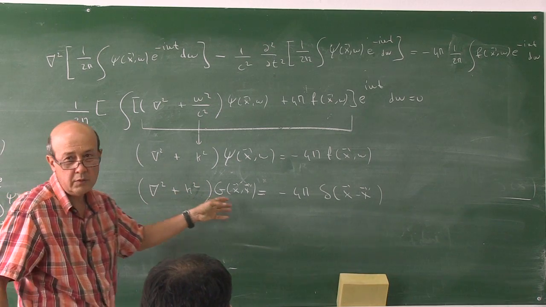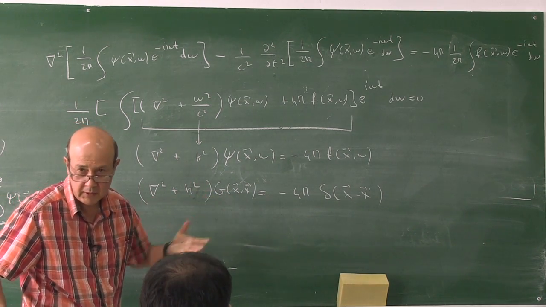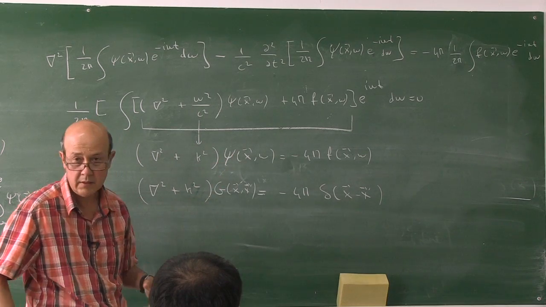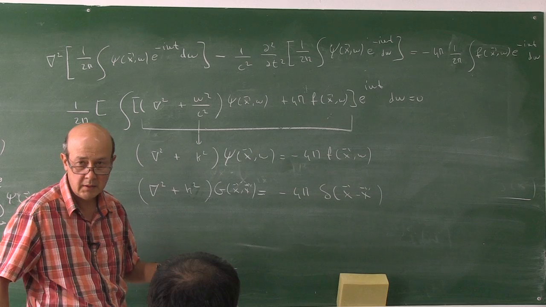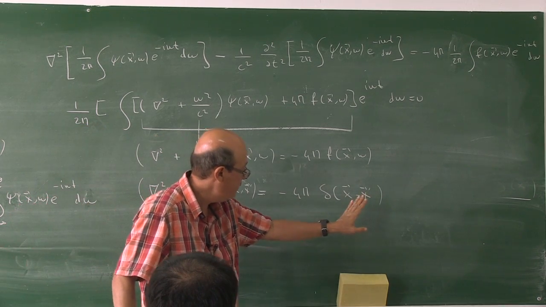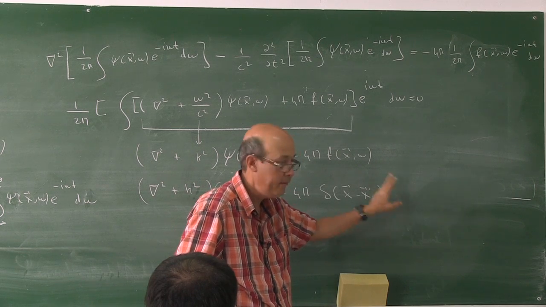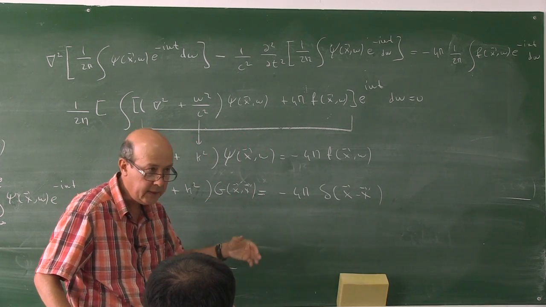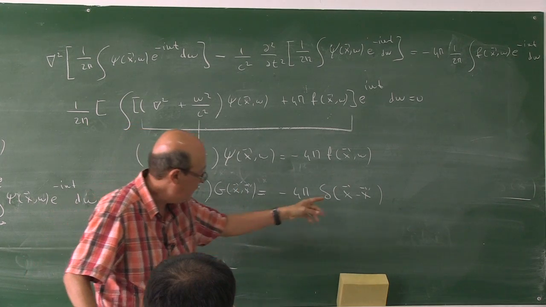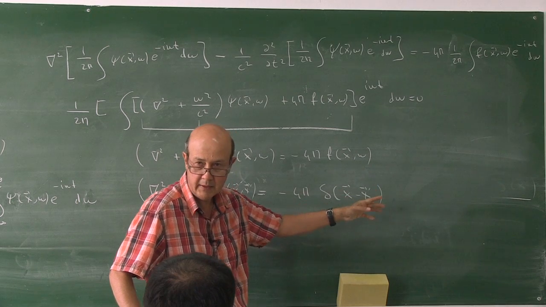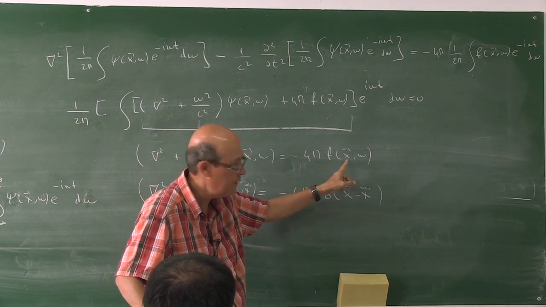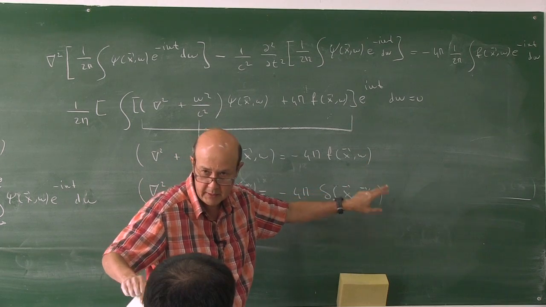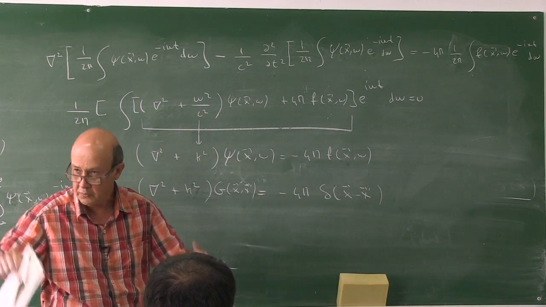So suppose that I know the Green's function. How do I find the full solution of psi? This is very simple. Multiply both sides by f(x prime, omega) and integrate through the volume.